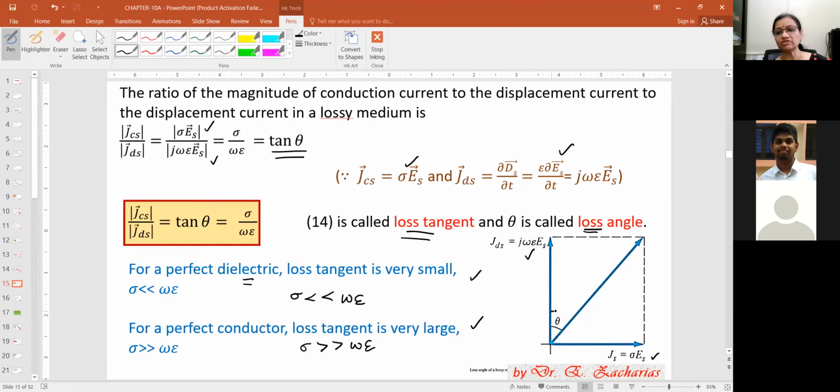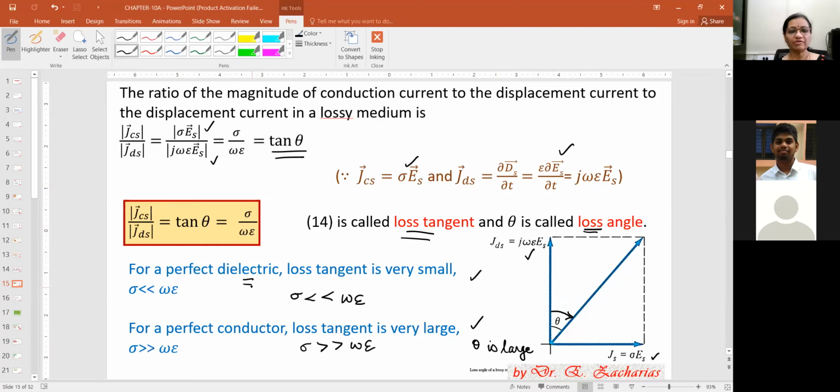This theta is always measured with respect to the y-axis, the displacement vector. For a good conductor, theta will be large. Sigma will be large, therefore sigma by omega epsilon will be large.